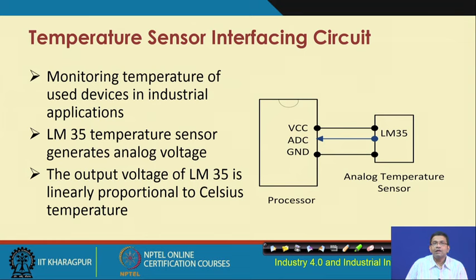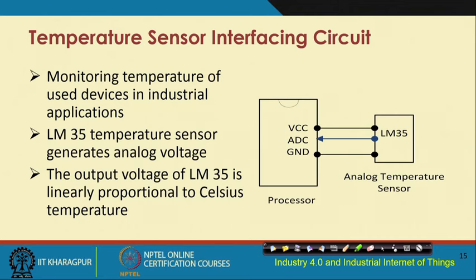Temperature sensors are required to monitor whether the temperature of certain parts of the product being manufactured, or a certain compartment or chamber in the factory, stays below a certain temperature threshold. So, temperature monitoring is very common. It is very much required in most of the smart factories and manufacturing plants.